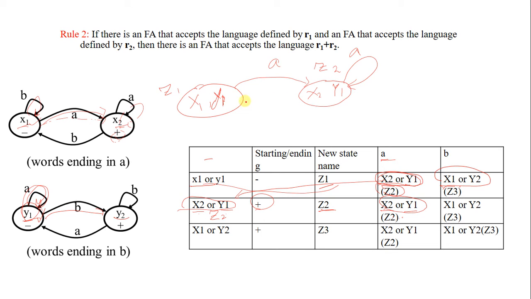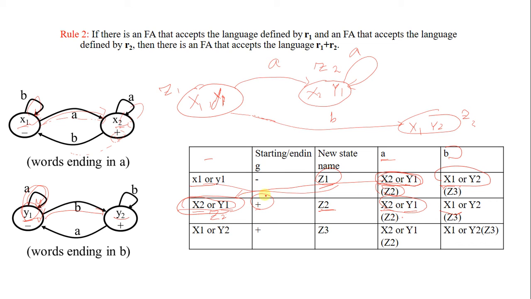Similarly, I forgot to draw for z1 for letter B. If you are at z1 and read letter B, you move to z3, and z3 means x1 and y2. Now we are checking z2 for letter B. For x2, B will take you back to x1, so I write x1 here.